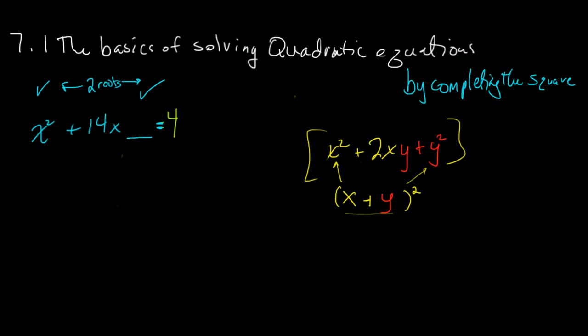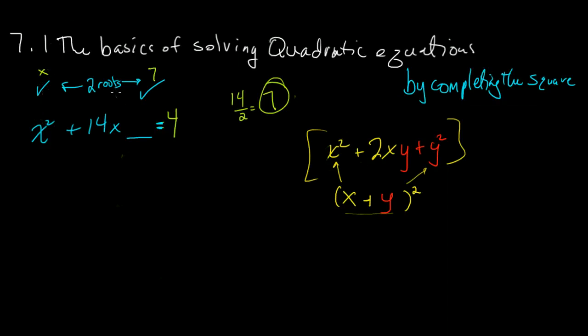What number should I add? Well, if I want 14 to be twice the roots, then 14 is twice a number. If I divide 14 by 2, I get 7. So if my square root over here is x, then my square root over here is 7, because 7x plus 7x gives me the 14x. Great.